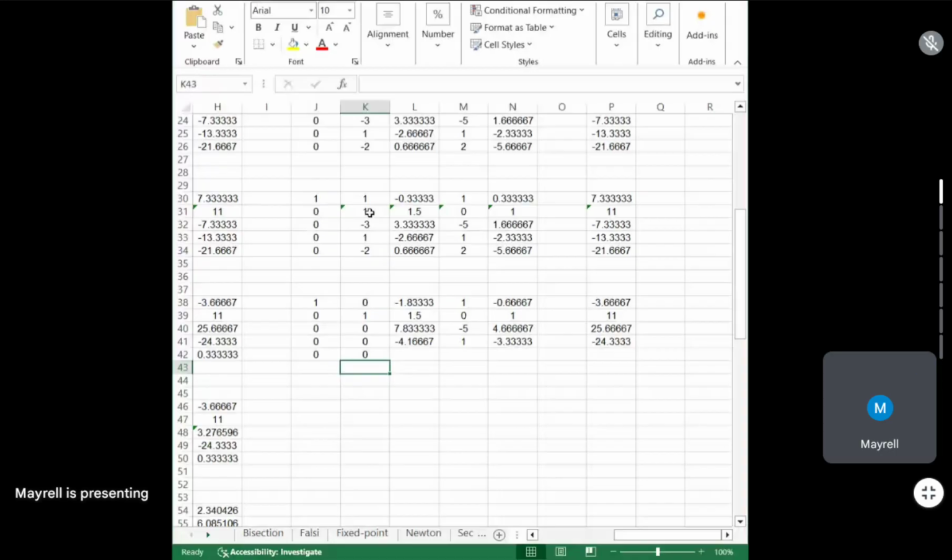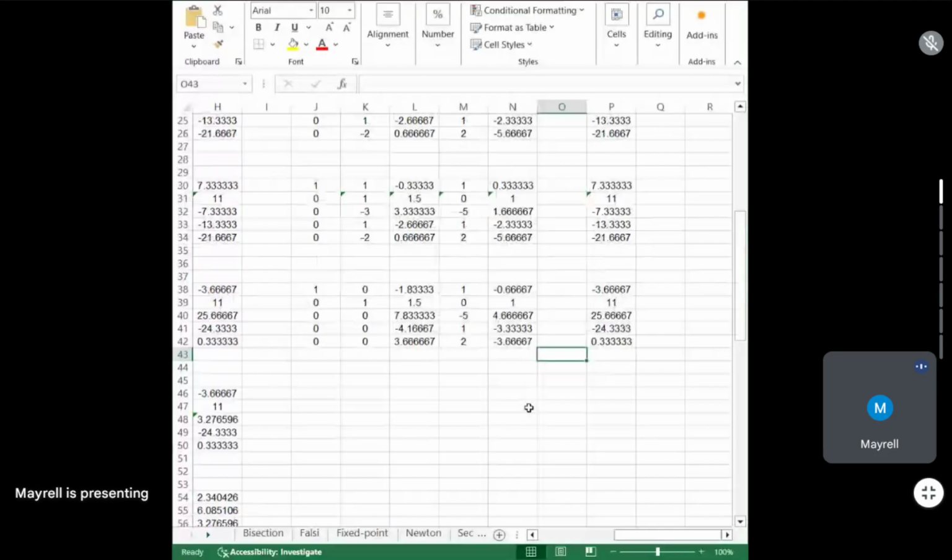Okay. So we have eliminated the values above and below the cell A22. So then 0 na sila. So let us proceed to normalize the third row. So normalize the third row.